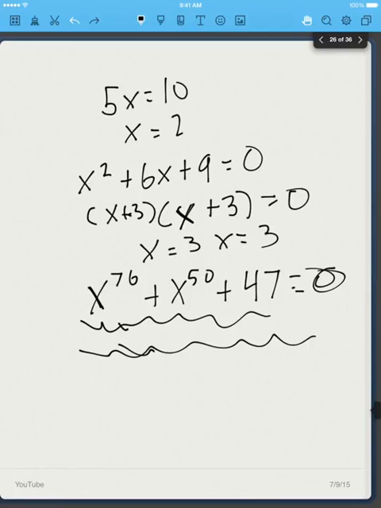So what do I mean by numerical techniques? Let's go back to the situation of 5x equals 10, something very trivial. Obviously we can say x is 2, but let's say we wanted to come up with a really good approximation.